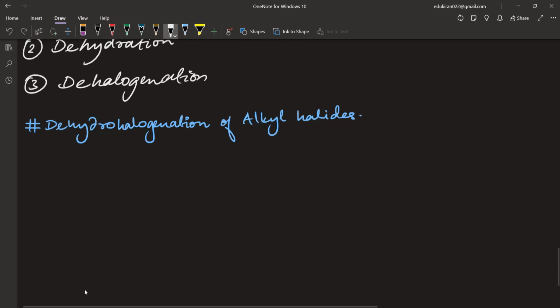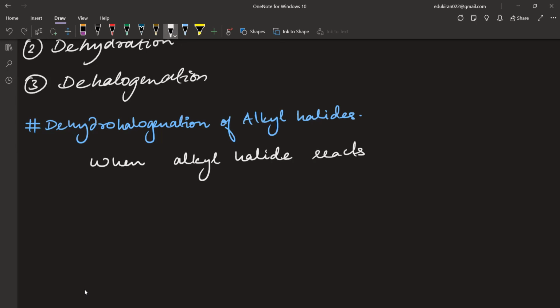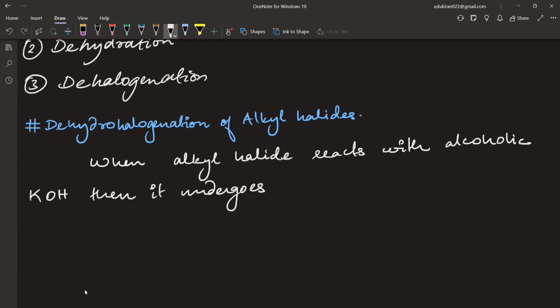The most important one is with the reagent alcoholic KOH. So I'm writing with this only. When alkyl halide reacts with alcoholic potassium hydroxide, then it undergoes dehydrohalogenation, and it will give what?